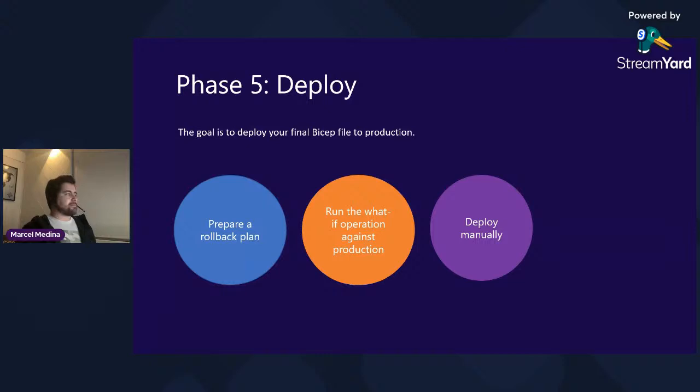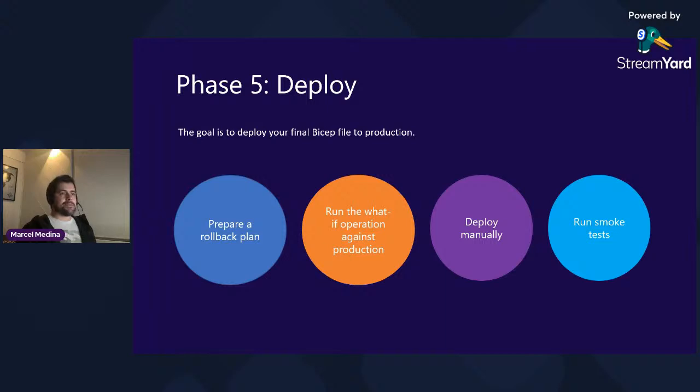Rule of thumb: do a manual deployment first for production, and then you can move to pipelines. There's nothing wrong with that, but get it done first by leveraging cmdlets, and then you do it through Azure DevOps or any other automated way.